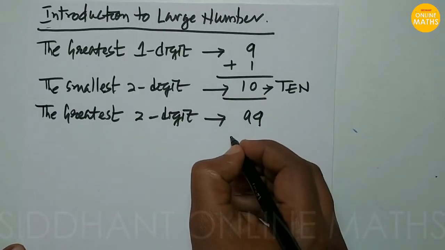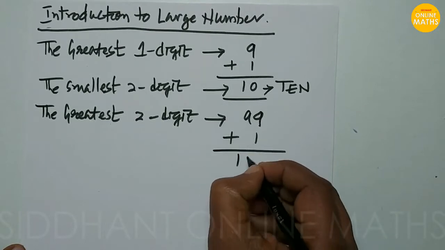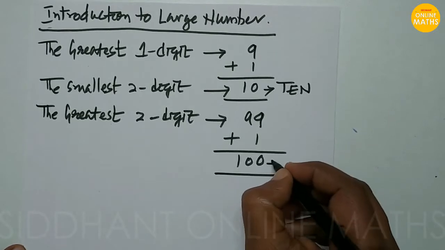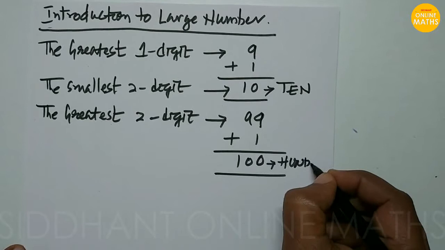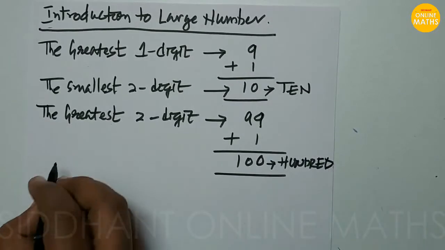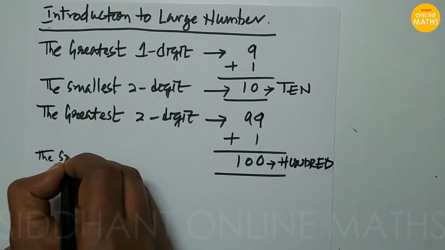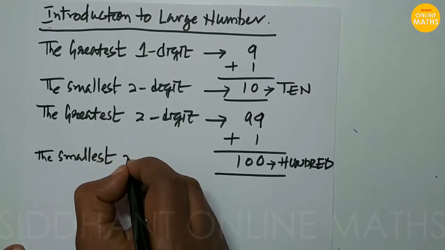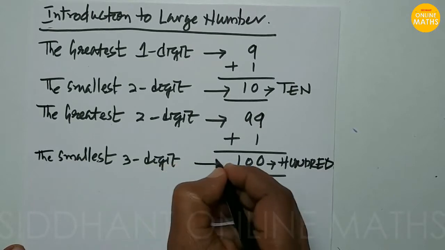So when you are going to add 1 to this, the number will become 100, and this is read as 100. This is the smallest three digit number.